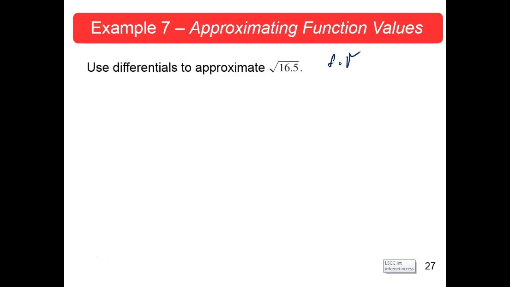Okay. And your actual value is the square root of 16.5. We're going to say that's exactly equal to the square root of 16 plus 0.5. Okay? That is exactly that.